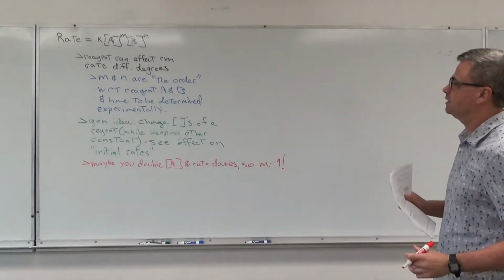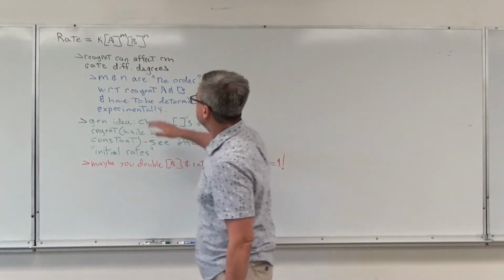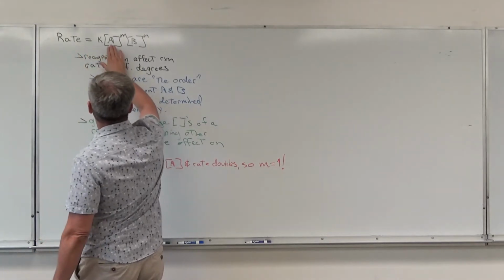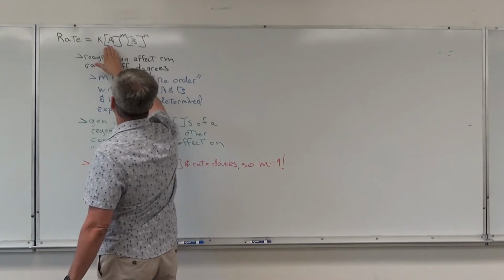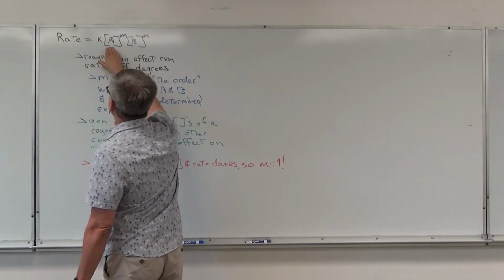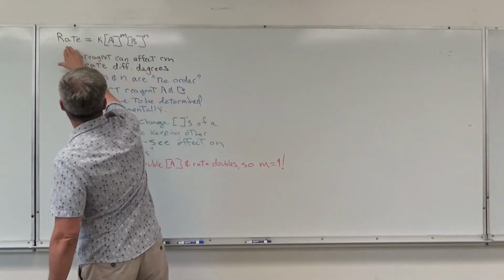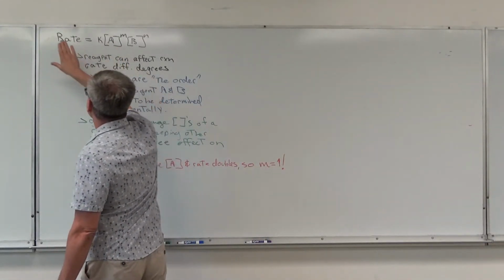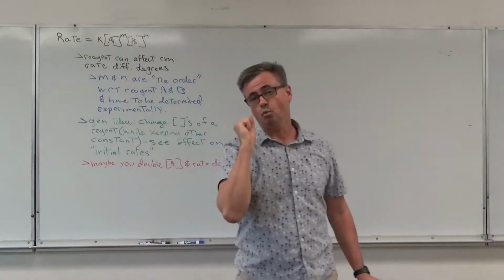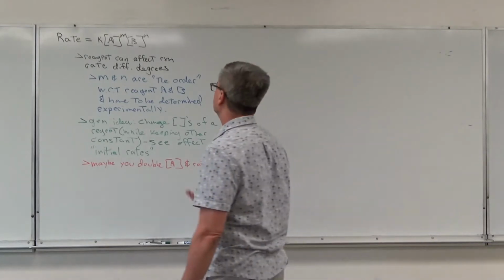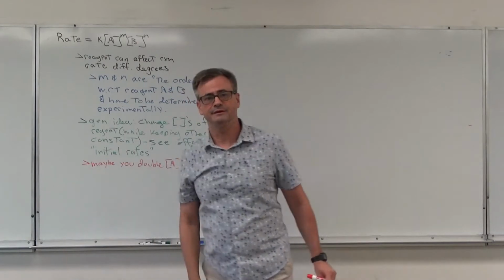Again, I hope it's pretty evident algebraically. If we're trying to figure this out and we double whatever number this is, just pick any number. Let's say this is 2, and our rate is 10. No units, nothing. If we double this to 4 and the rate also doubles, the only way that makes sense is if M is 1.